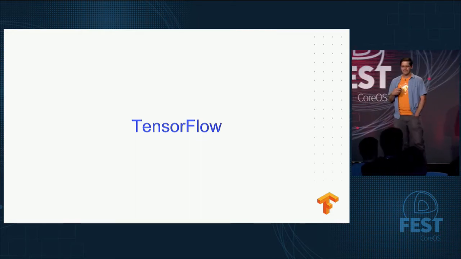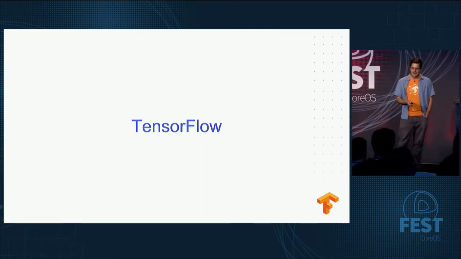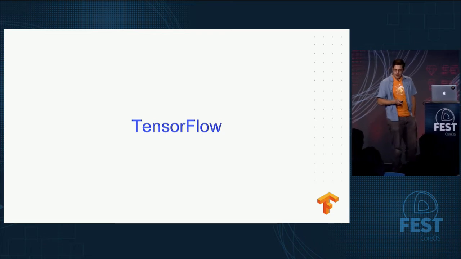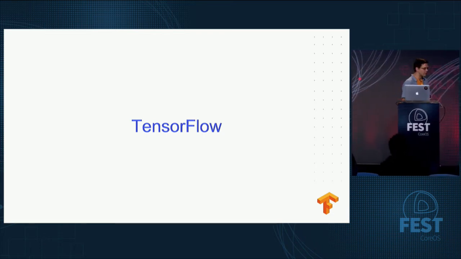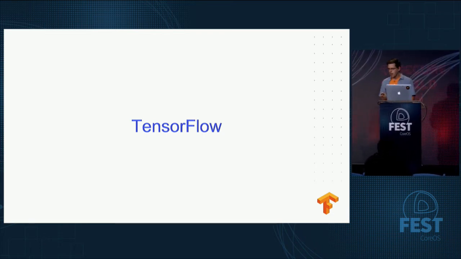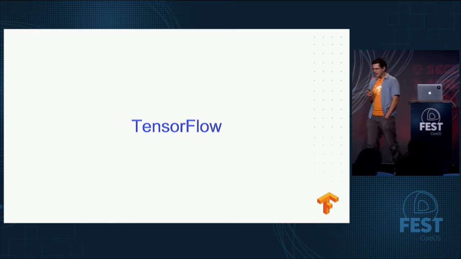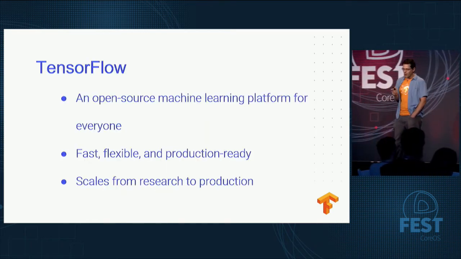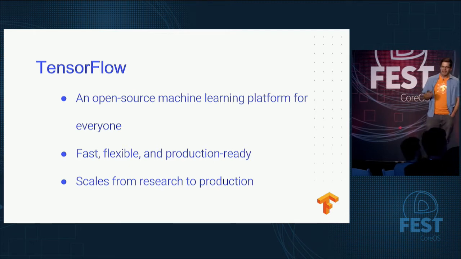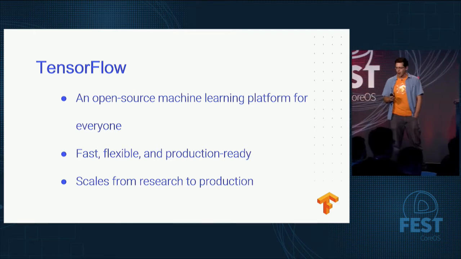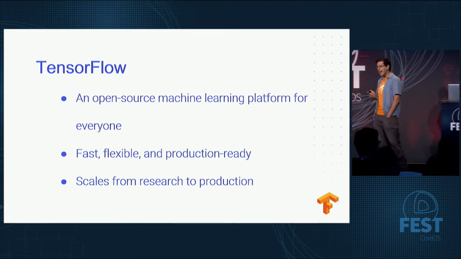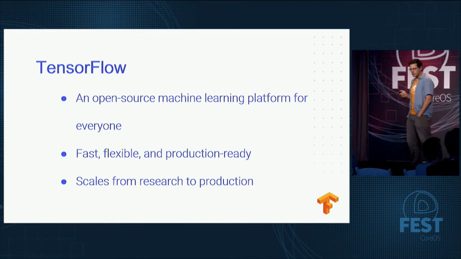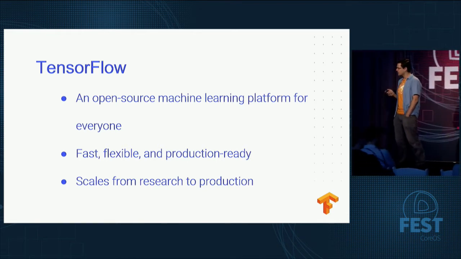So we've seen a few applications of deep learning. And how do we solve these problems ourselves? With TensorFlow. Let's talk about what TensorFlow is. TensorFlow is an open source machine learning platform designed for everyone. It's meant to be fast, flexible, and production ready, and it's meant to scale from research to production.